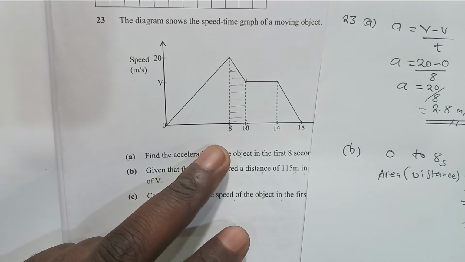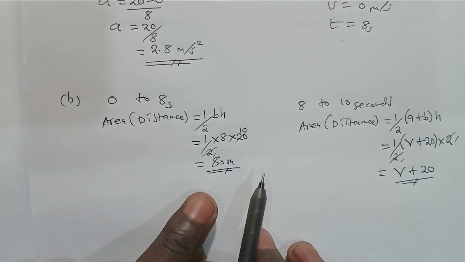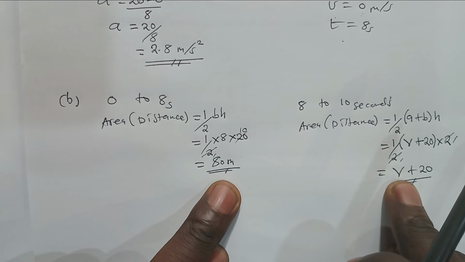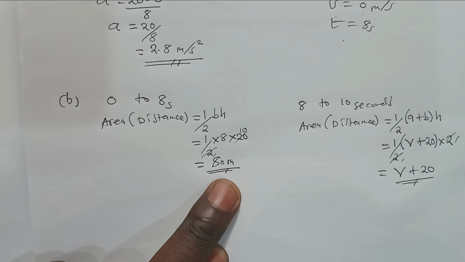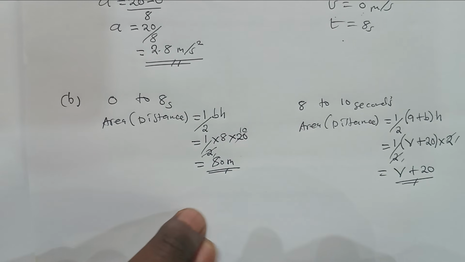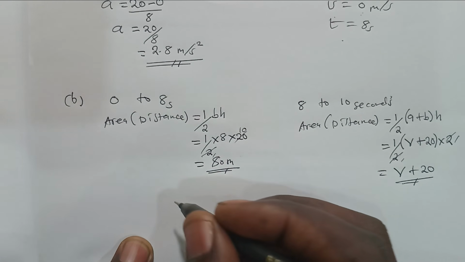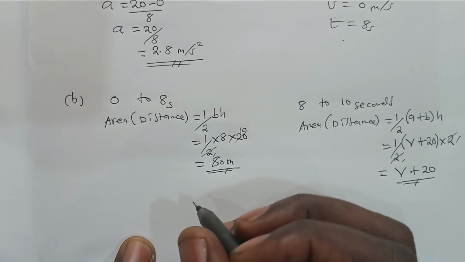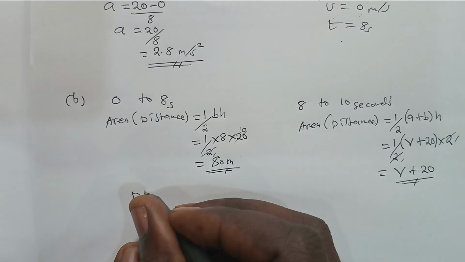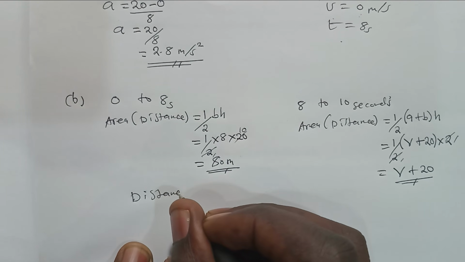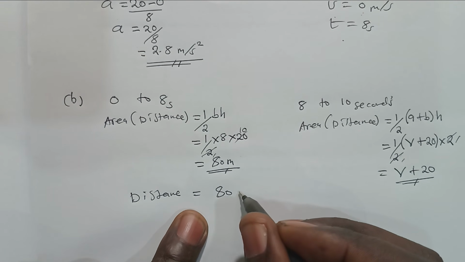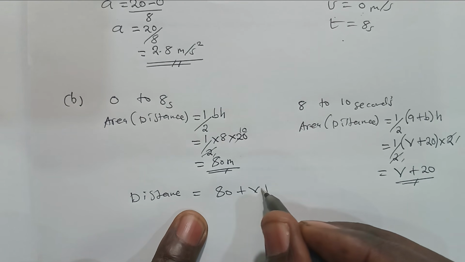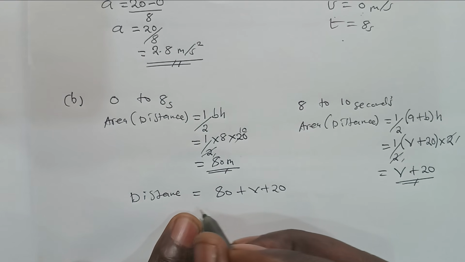Okay, so we are saying now, when we add these two, they should equal the distance which has been given in the question as 115 meters. So let's do that. We're saying now the distance is going to be equal to 80 plus V plus 20.